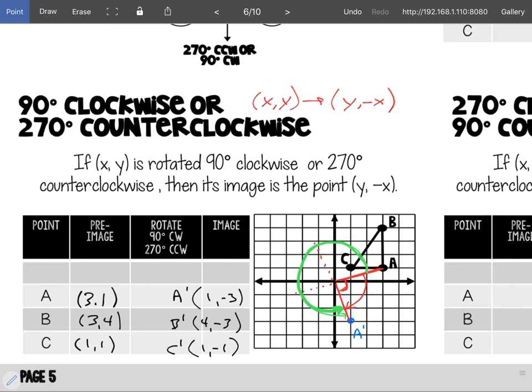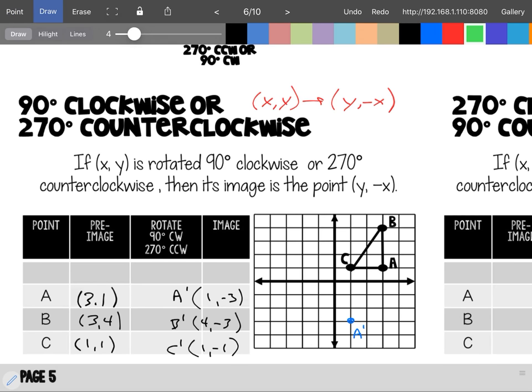All right? So let's graph the rest of this one. And I'm going to take all that extra stuff off of there. There you go. We need to do the other points then. So we need to do B prime. That was 4 right, 3 down. So that would be B prime.